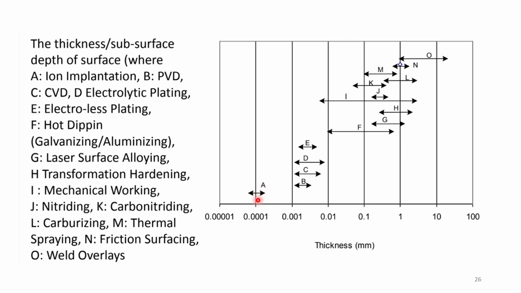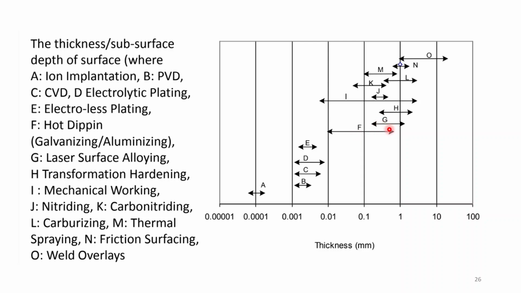After that we have PVD, then CVD, then electrolytic plating, electroless plating, and hot dipping, which is also known as galvanizing or aluminizing based on the material used.